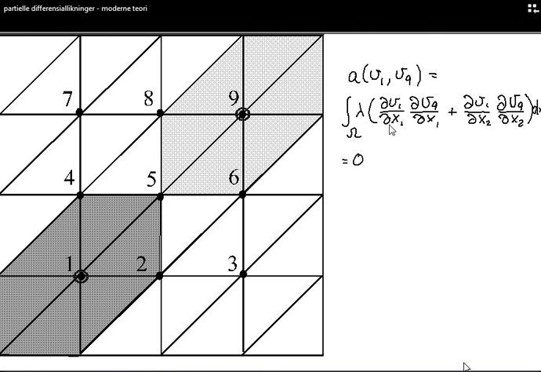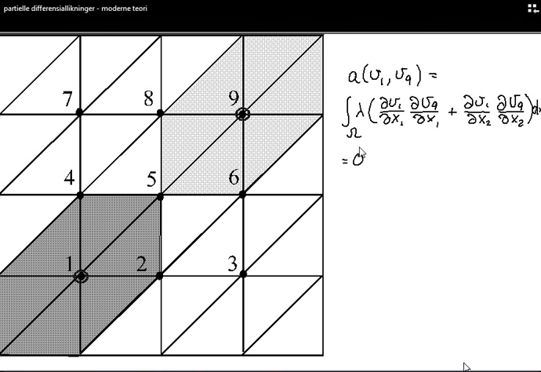Now we see that these support areas are disjoint, so they don't intersect at any point. So when the partial derivative of v1 with respect to x1, for example, is different from 0, this will be equal to 0, and vice versa. The same goes for the partial derivatives in the x2 direction.